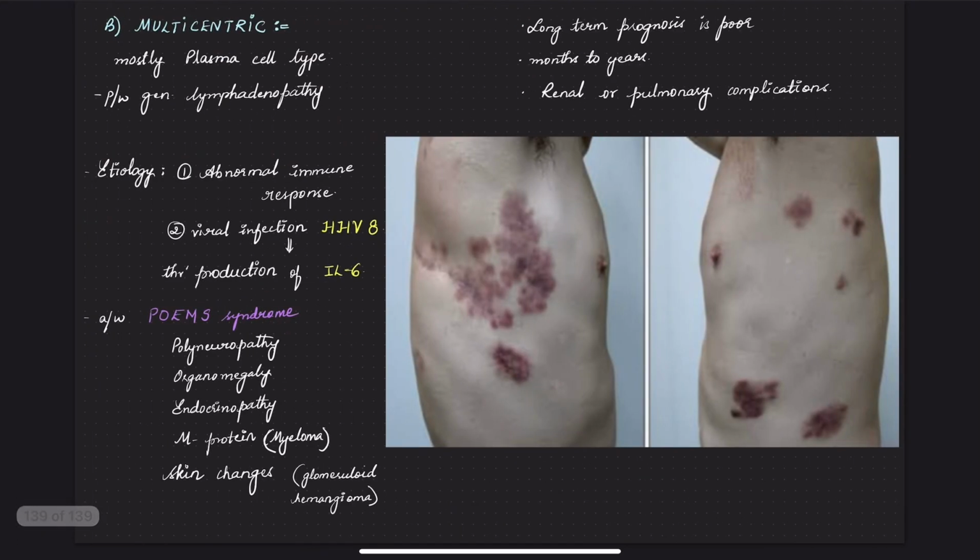The second category is the multicentric or systemic Castleman disease. Almost 99 to 100% is the plasma cell type, with plasma cell infiltration. Because it is multicentric, the patient presents with generalized lymphadenopathy.